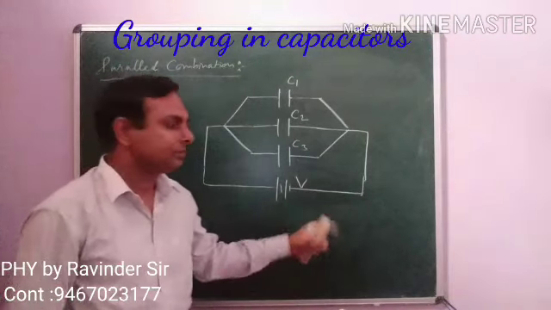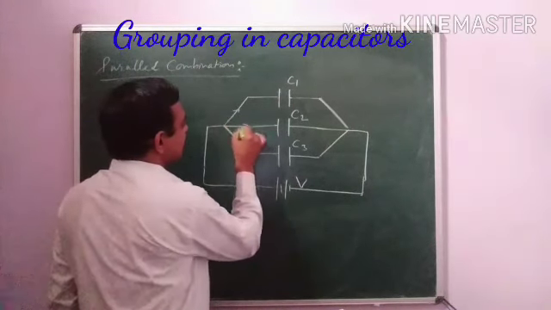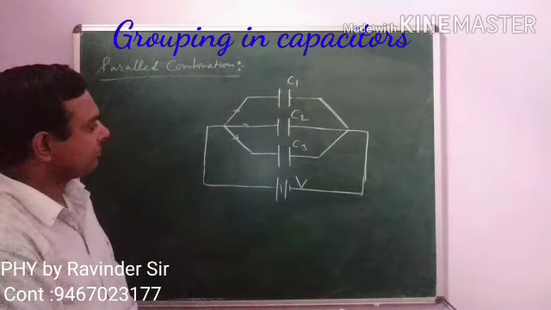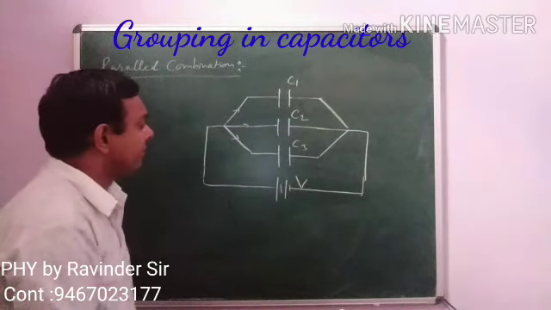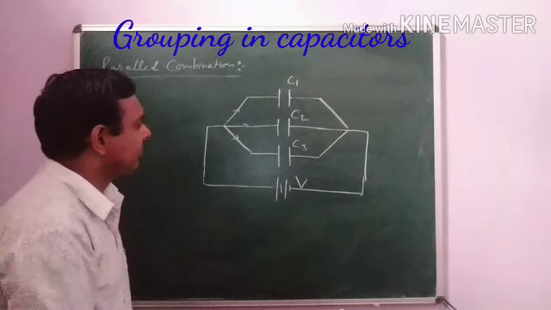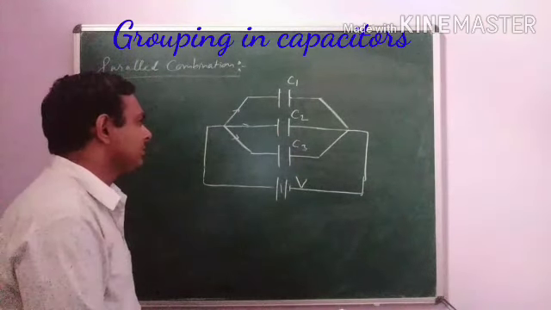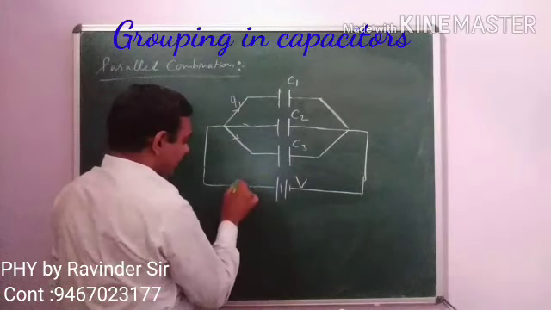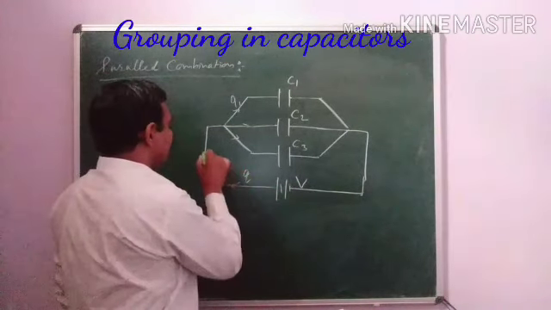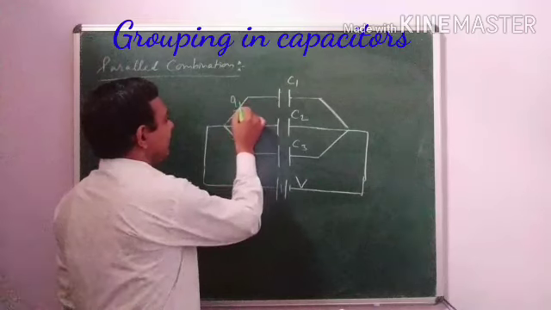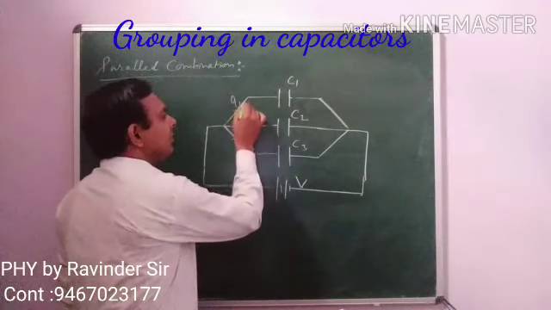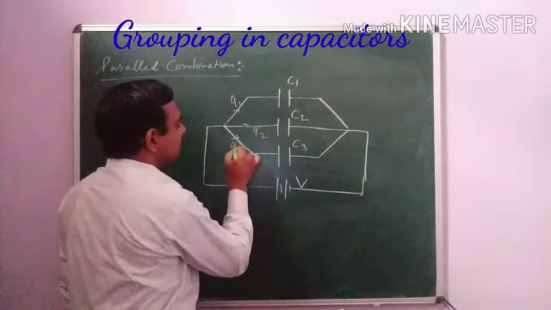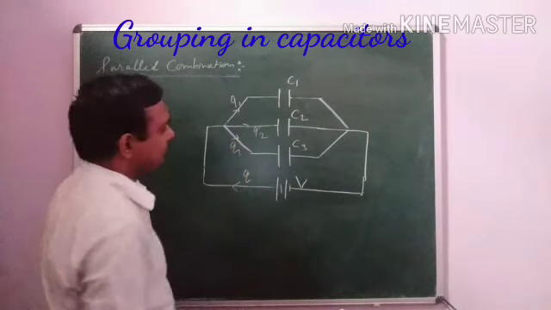That is V. But the difference is in the charge. Here Q is total charge, but in this case Q1 in the first arm, Q2 in the second arm and Q3 in the third arm.